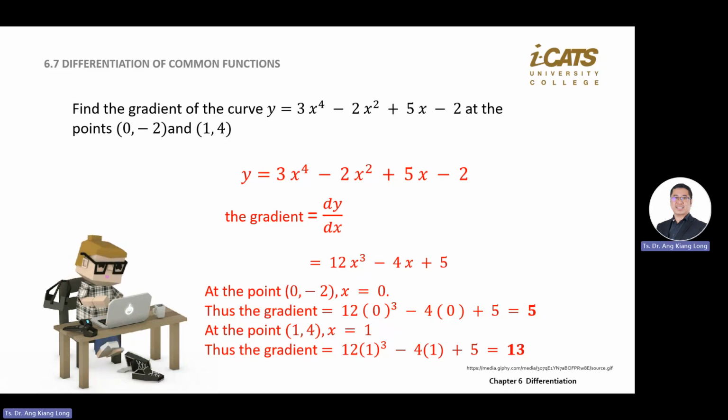So the gradient at this point will equal, substitute your x2 equal to 1 inside the dy/dx equation, then you get 13. Any question? Anyone you don't understand, better ask me now. I will give you a quiz right after this.